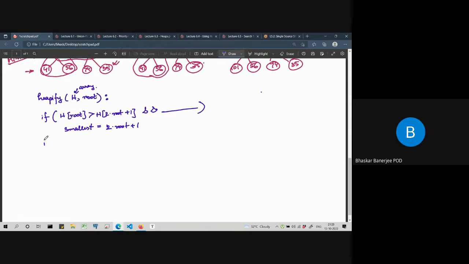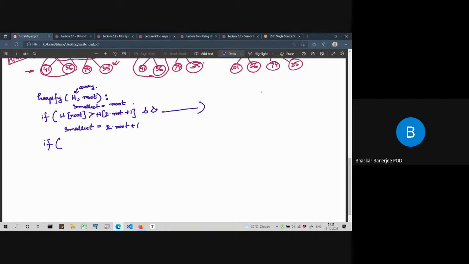And then what do I do? Again, I make the second comparison. I have to find the minimum among all of them. So if this is the case, then smallest equal to 2 into root plus 1. And initially, let's say I made smallest equal to root. So I am starting the work assuming that root is the smallest element. And then I check if left child is smaller.